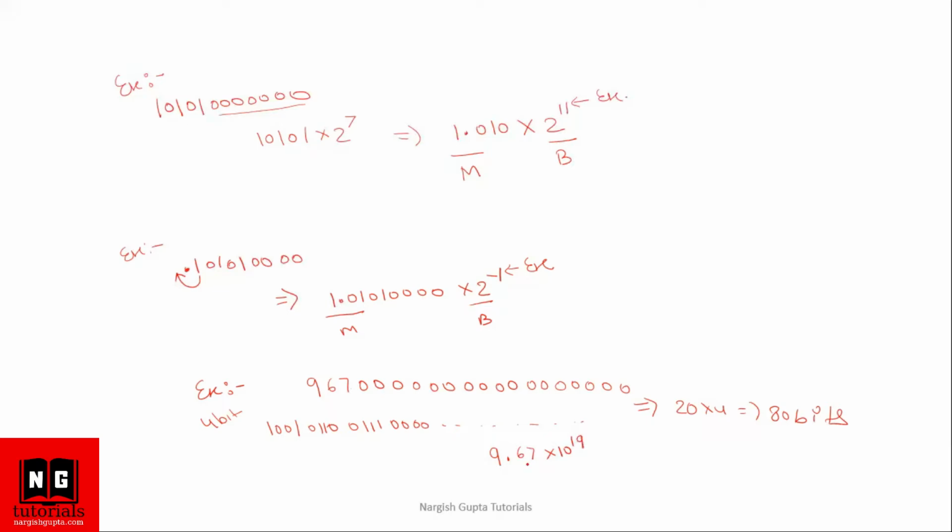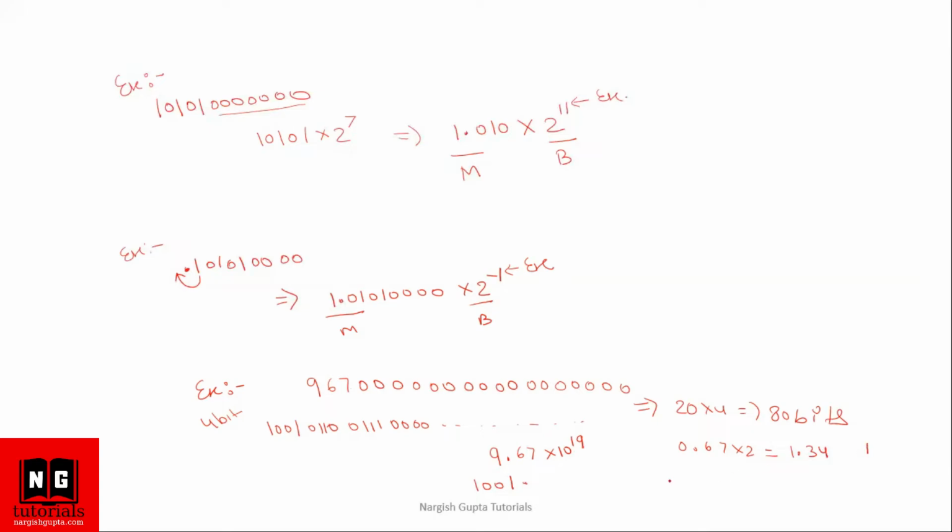And now what we have to do is convert this into binary. The binary equivalent of 9 is 1001, then .67. We know how to convert it into binary. We will get 1.34 here.